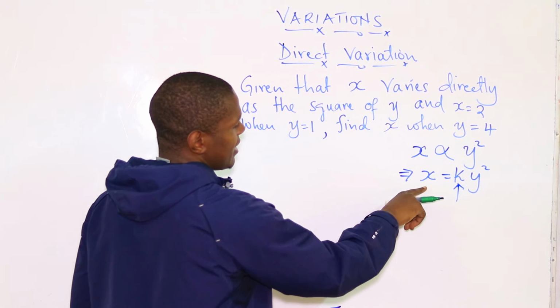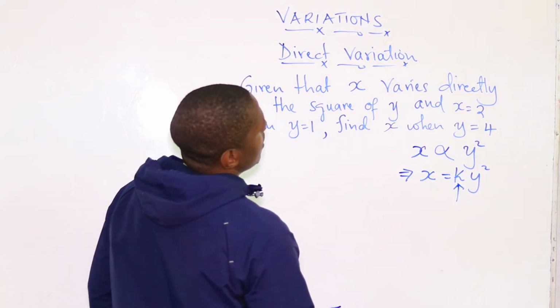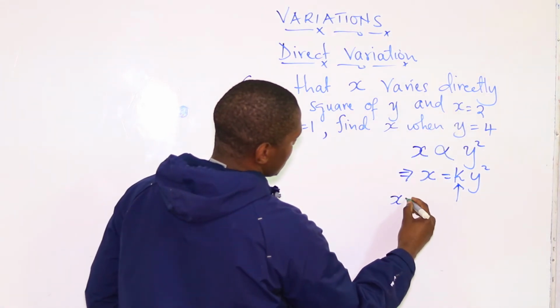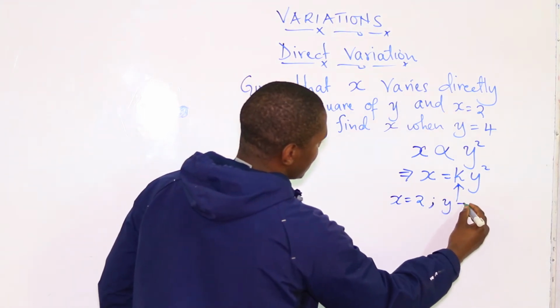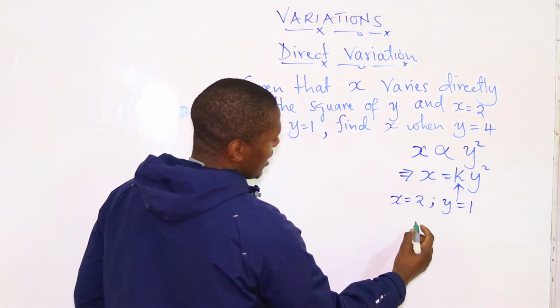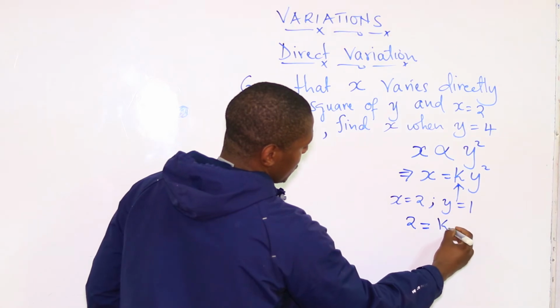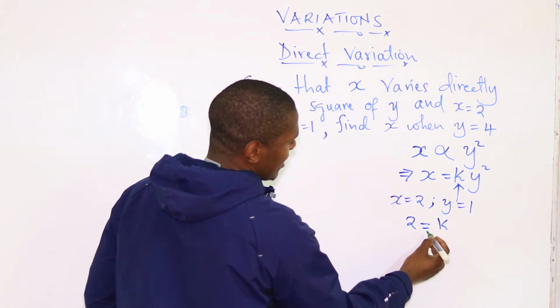So we first find the equation connecting x and y. Then you're told x is equal to 2 when y is equal to 1. So substituting these values in this equation, we'll have 2 is equal to k multiplied by 1 squared, which is 1. So our k is 2.